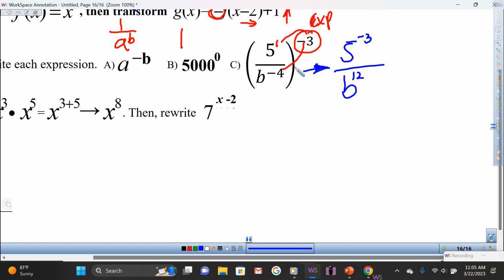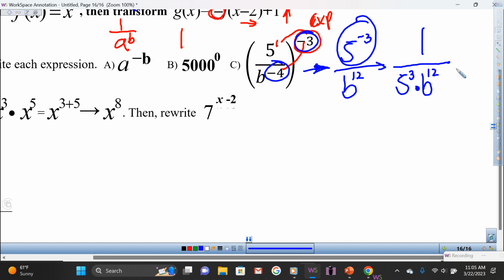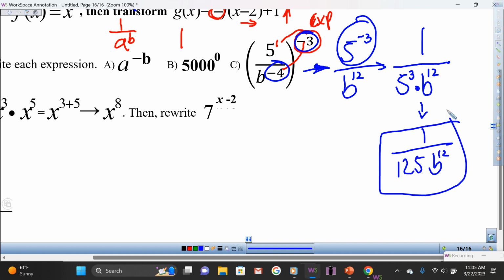To the positive 12. So negative 4 times negative 3 is positive 12, which means this value is not going to move from there. Which is the only one that's going to move? This one. So we end up with 1 on the numerator, 5 to the positive 3 power, times b to the 12th power. So this becomes 1 over 5 to the 3rd power is 125, b to the 12th. Hands if you got that by yourself. Okay, good.